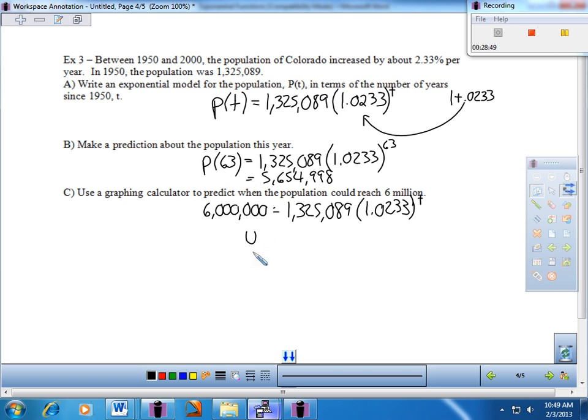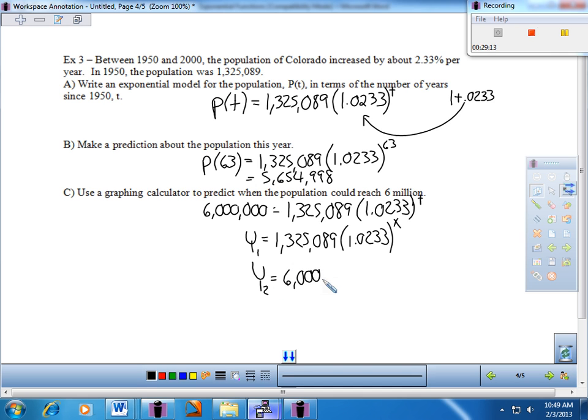But I'm going to go ahead and graph it. So what I'm going to do is actually graph the function. So I'm going to put a little y1 right here. And I'd encourage you to do it this way, at least at the outset. So what I'm going to do is basically put the function into y1. And what I want to know is, when is that function going to get up to 6 million?